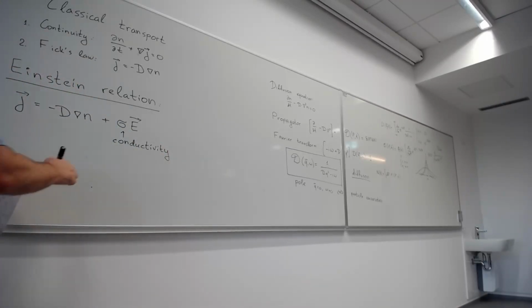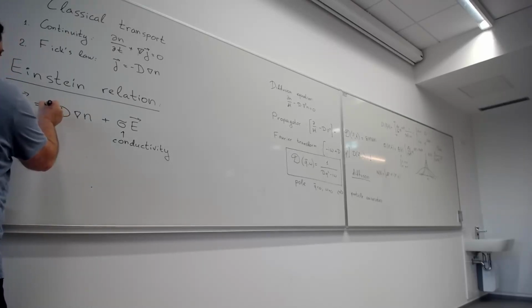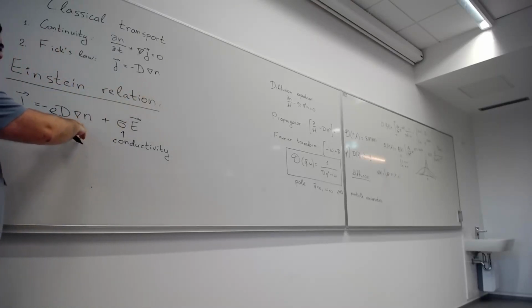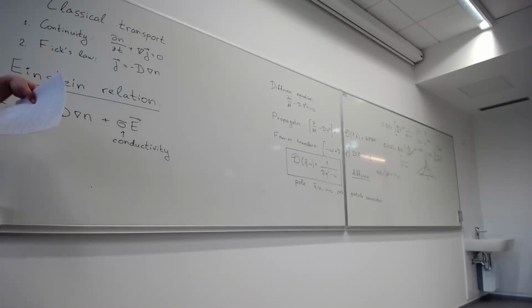Since this is the electric current, I should add the electron charge here. So this was the density current; now I make an electric current out of it, and I add the electric current induced by the electric field. I can always imagine a situation when this total current is zero, when I have a gradient of concentration and an electric field and the two things compensate each other. I just want to imagine such a situation.